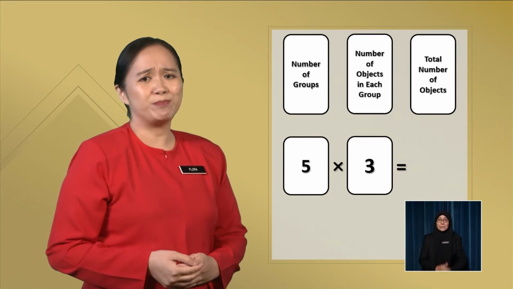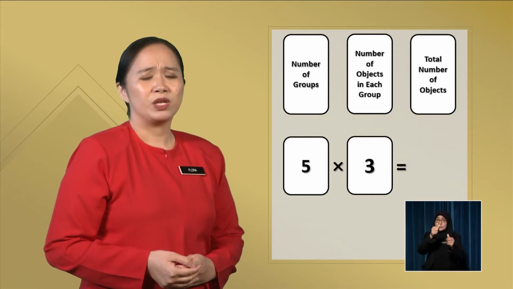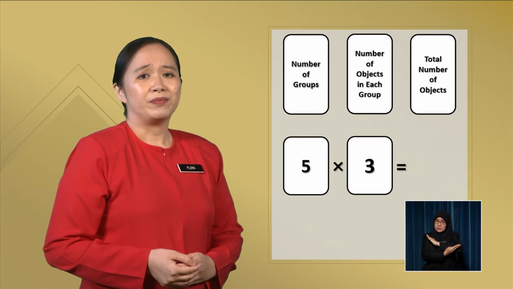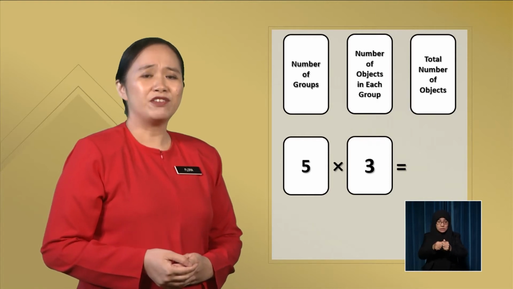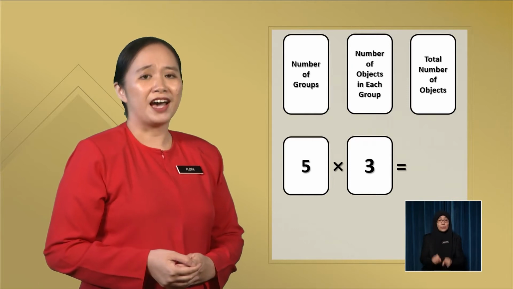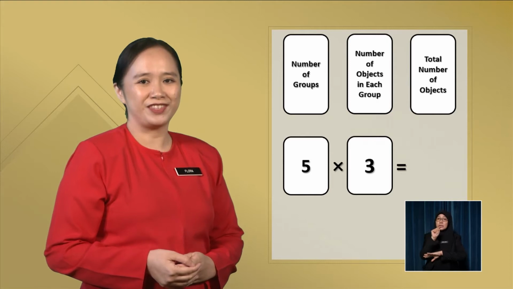There are 3 boxes of cereals in each basket, which means that there are 3 in each group. Therefore, 5 times 3 is equal to 15.